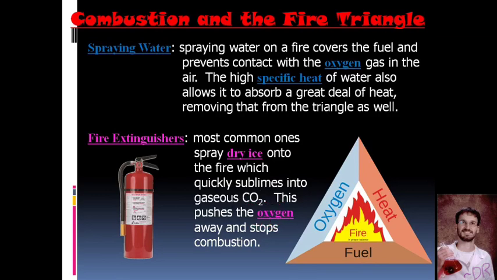If you remember from the demo, oxygen gas wants to fall because it is more dense than air itself. Well, carbon dioxide is even more dense than oxygen gas. So when you spray a fire extinguisher on a fire, you end up creating an invisible blanket of carbon dioxide gas over top of whatever is burning. That separates whatever is burning from the oxygen gas in the air, and it causes the fire to go out.